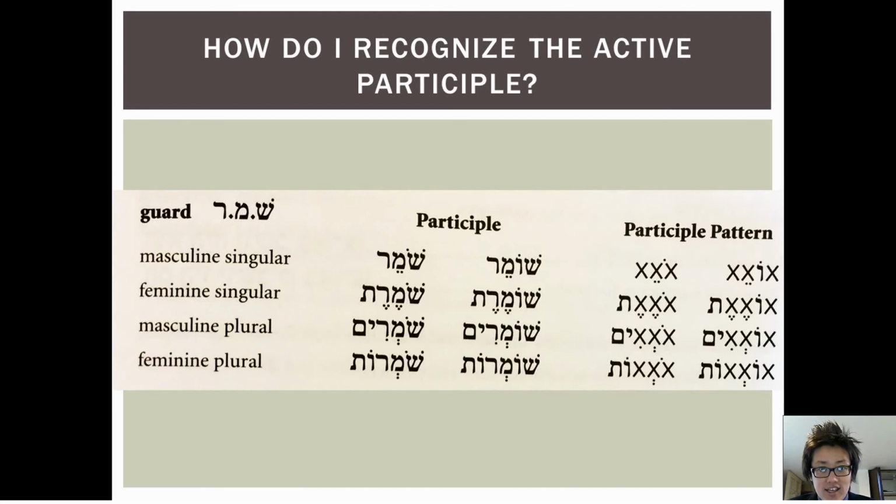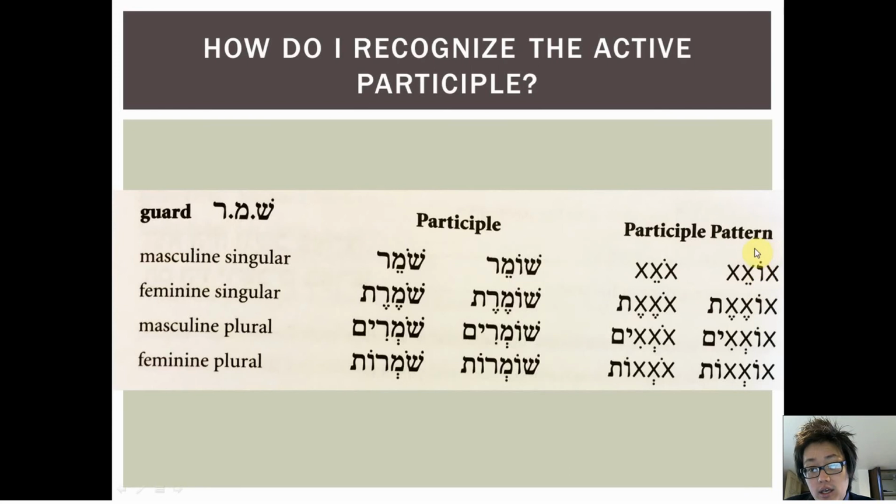Here is the key. One key thing that you need to look for. And actually, the best way to see this is not to look at these examples quite yet, but to look at the more schematic form, which uses X's. Those X's stand for the letters of the root. Here's the key. Sometimes the vowels underneath the second and third radical are going to change. What is going to be there is the holum, or the holum vav.